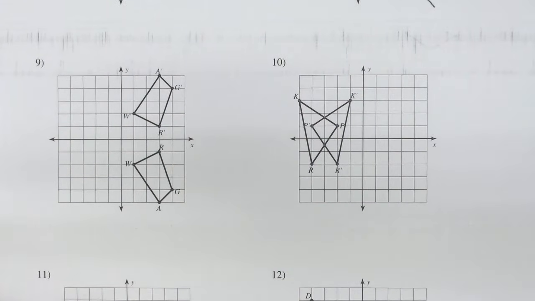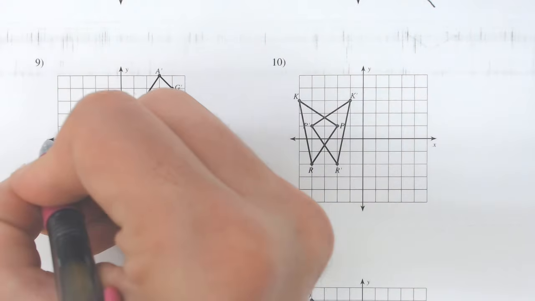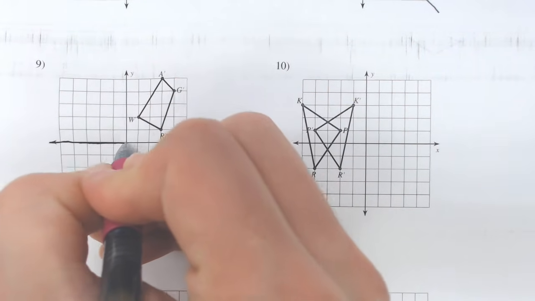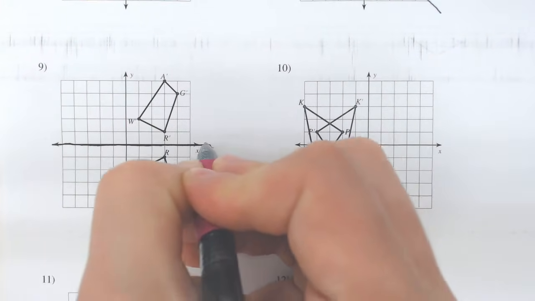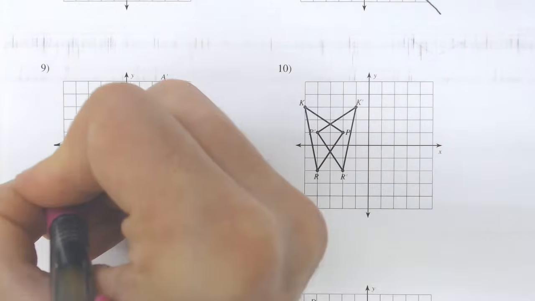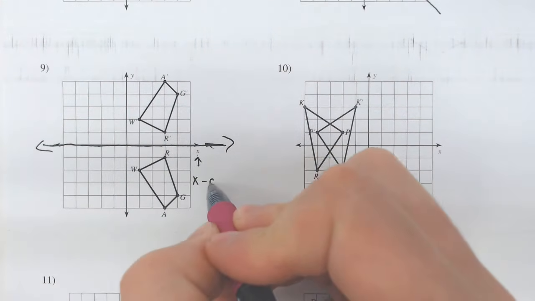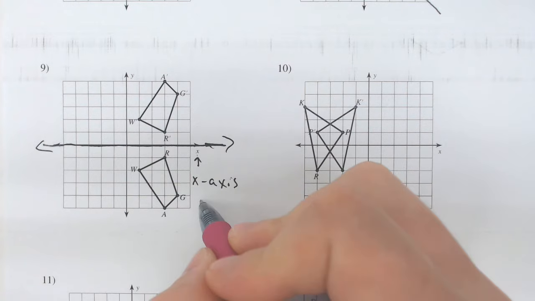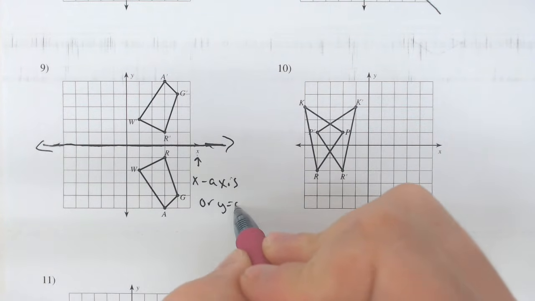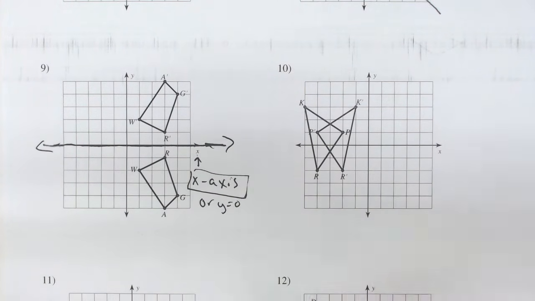The next two are going to be relatively simple to see. The middle of this, where it was reflected across, is right here. Well, that is going to be the x-axis. That's where we were going. You could write y equals 0, but most people would agree that it is the x-axis that this got reflected across.